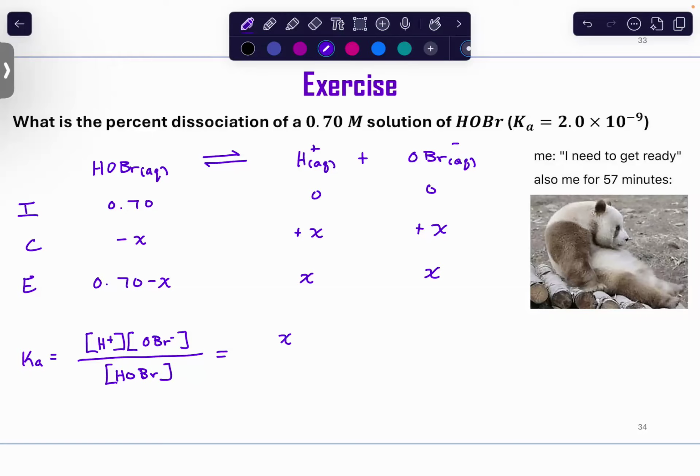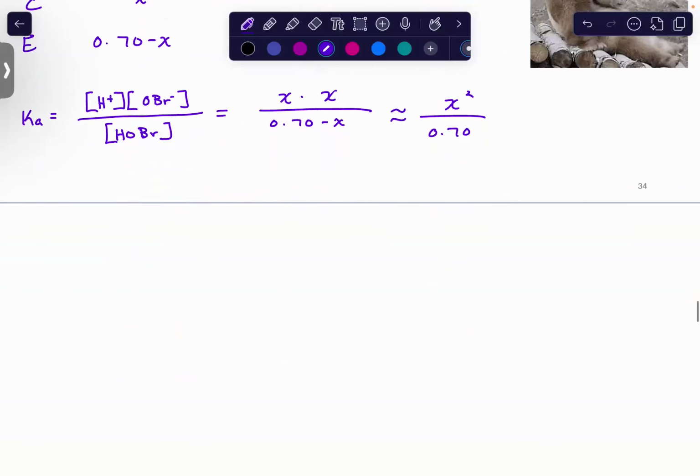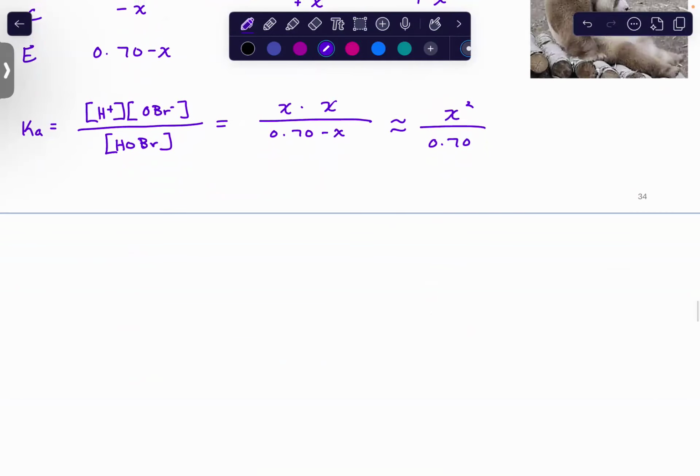Okay, so that's going to be X times X over 0.7 minus X. Can we go ahead and use our assumption here? And why is that? Very, very tiny K value. Okay.